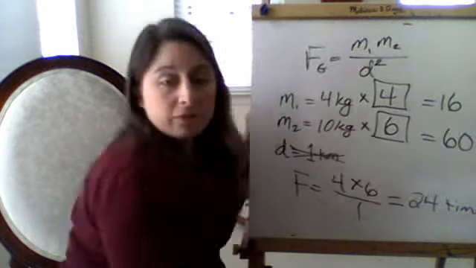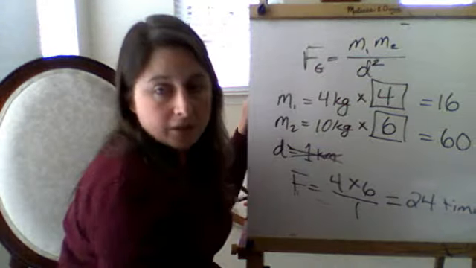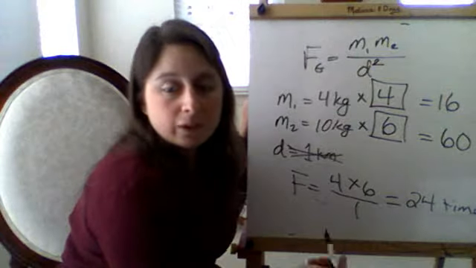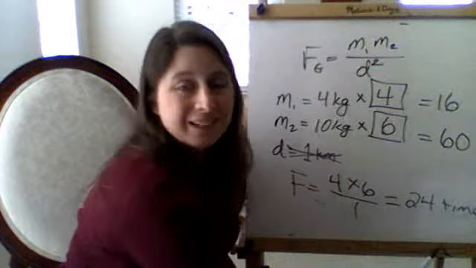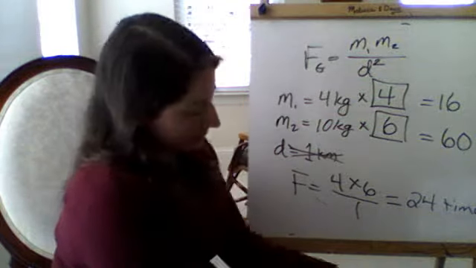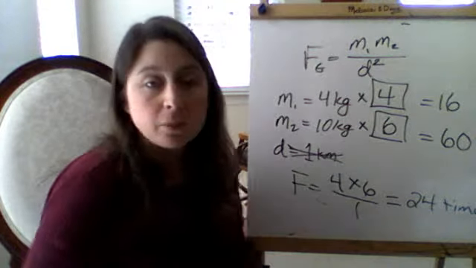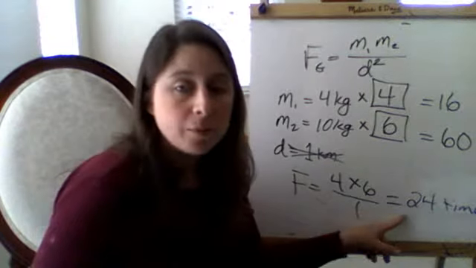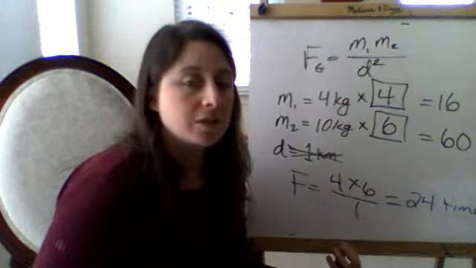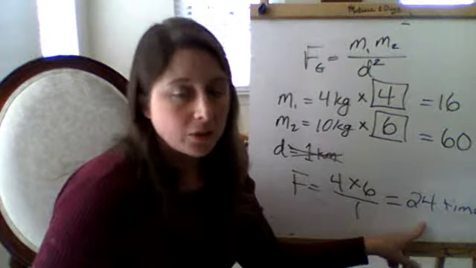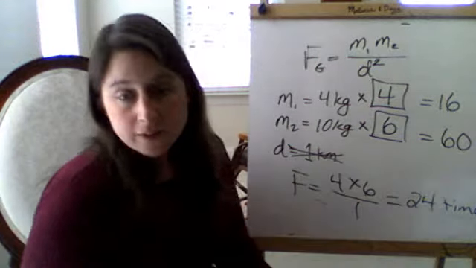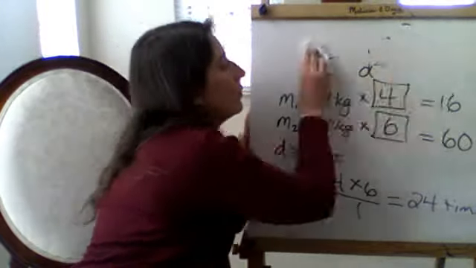And since 24 is not a fraction, it's in the numerator, it is increasing. So the force of gravity increases by 24 times. In the next problem we'll see what you come up with if the gravitational force is decreasing. But in this problem, it's increasing. It'll be 24 times stronger gravity when these masses increase. Okay, so that's quest problem 1.